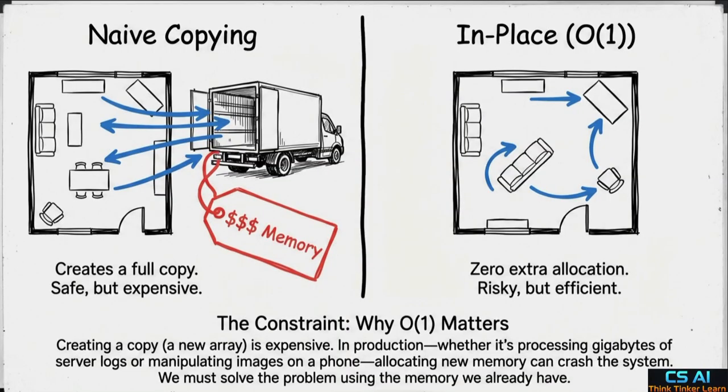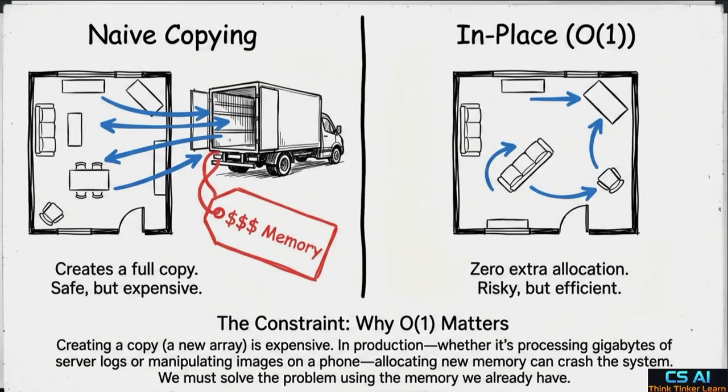So, why are we obsessing over O(1)? Why not just copy the array? In our diagram, look at the naive copying. It's like hiring a massive moving truck just to rearrange the furniture in the room. It's safe, but it's incredibly expensive. In a production environment, creating a full copy of your data can be a disaster.